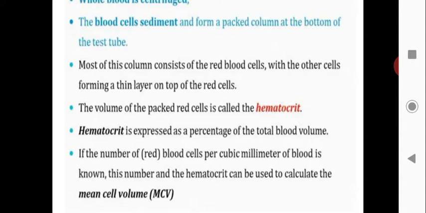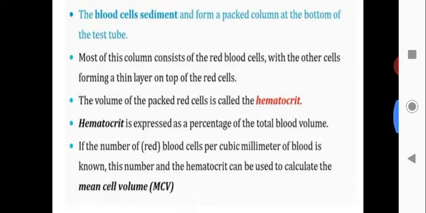So in a particular 1 liter of blood, we need to find out how many red blood cells are there in 1 cubic millimeter of the blood. Then we can find out the mean cell volume.